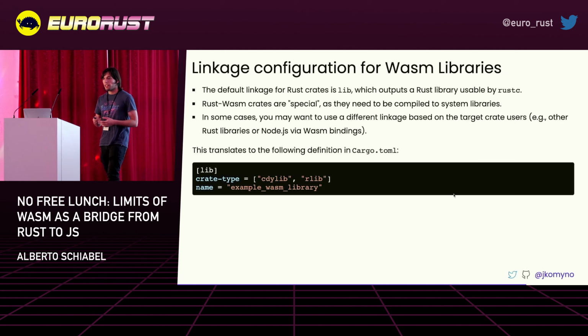WebAssembly is a bit special in that, right? It requires a system library. So the official suggestion by the Rust WASM team is to just support the cdylib linkage target. You can actually compile your Rust code targeting both cdylib and rlib, which is what we're going to do.